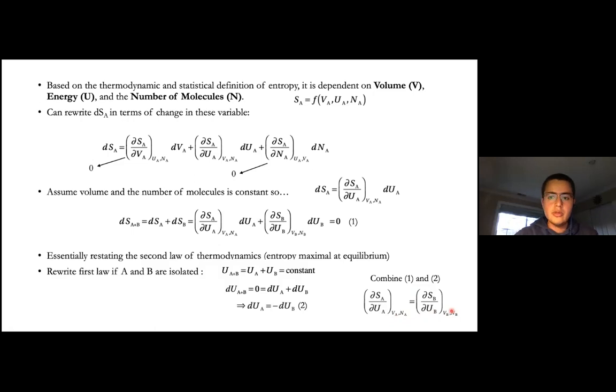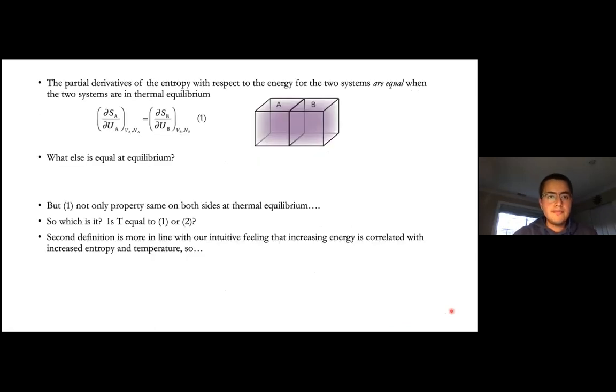So why do we do this? Well, in the very first slide, I said that temperature is the property that's equal on both sides at equilibrium. And in this case, we're saying that these two properties are also equal. So it makes sense to write T equals this and this.